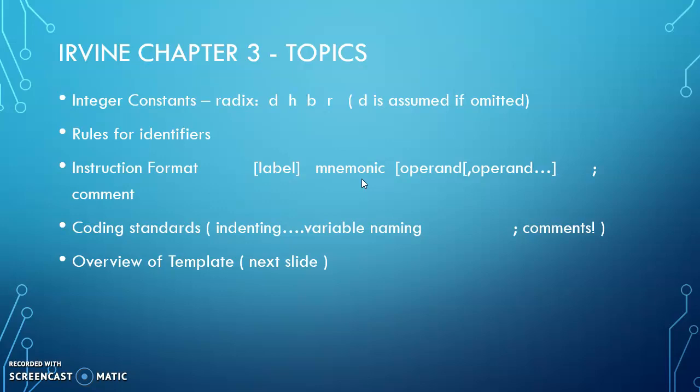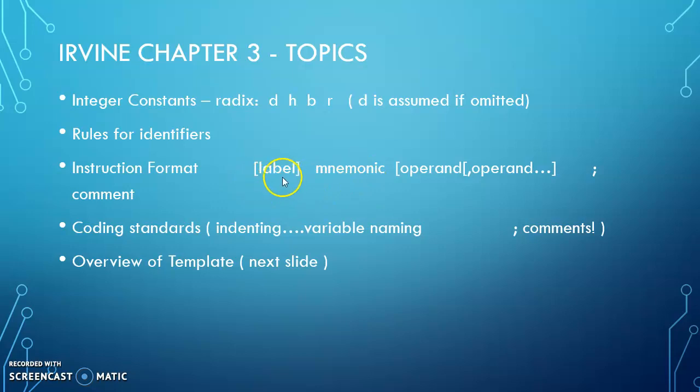Statements like MOV, add, and sub are the mnemonics that tell the processor what to do. And when we compile our program, those mnemonics are translated into the ones and zeros that the computer carries out.